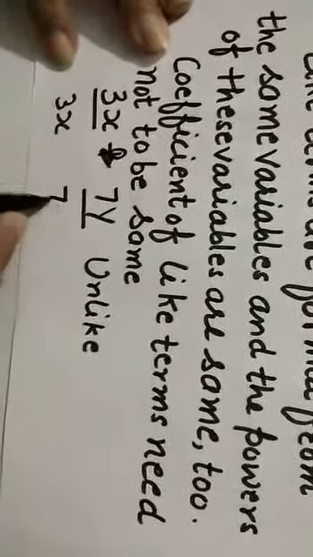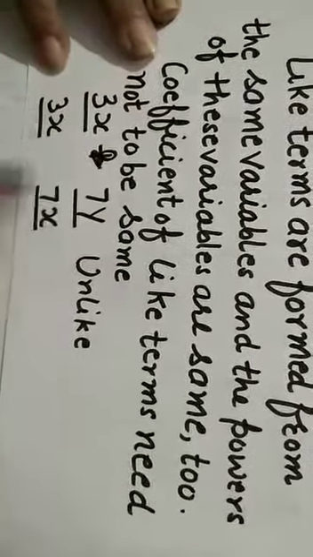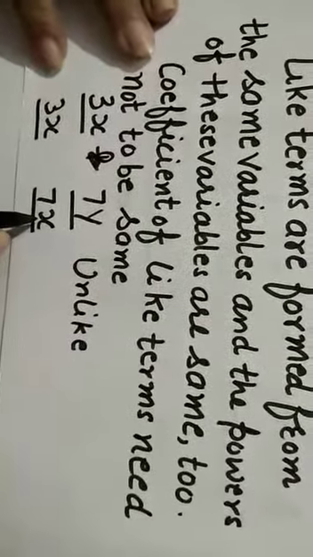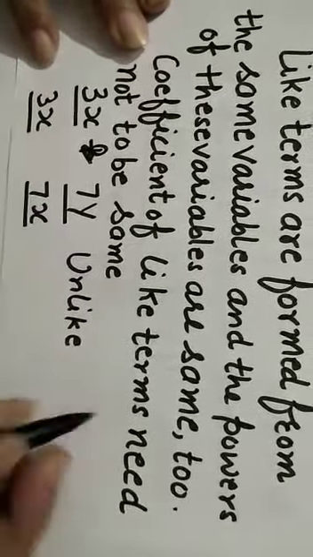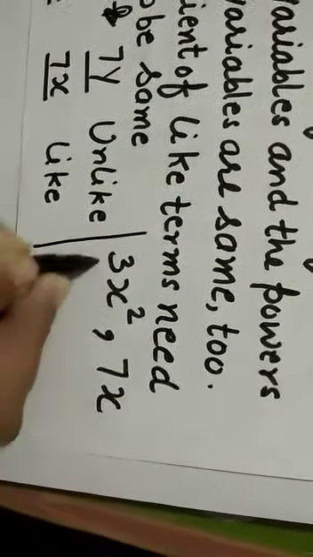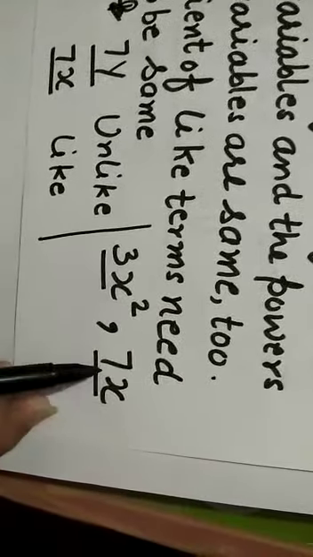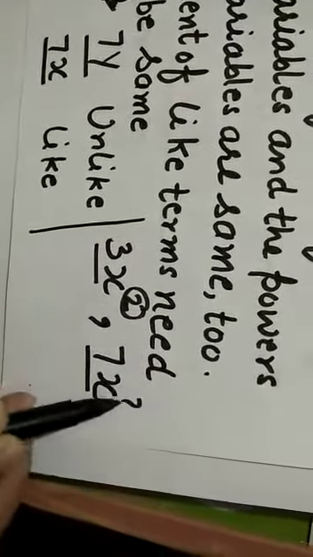If I'll say 3x and 7x, these two are the same, x and x variables are the same, so these are like terms. If I'll say 3x square and 7x, these two are not like terms, whether variables are the same but their degree, their power is not the same.